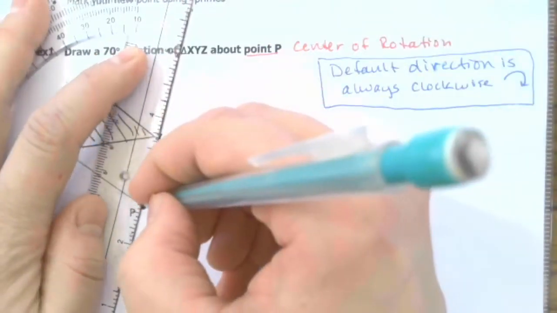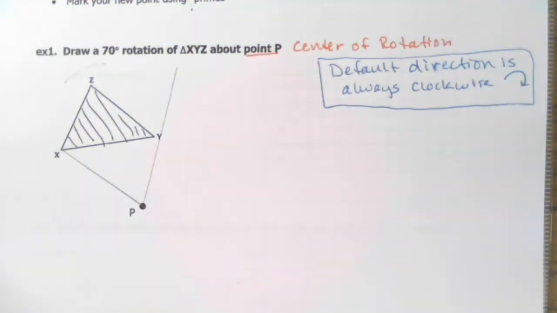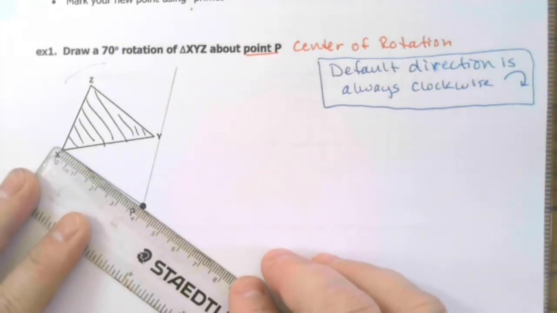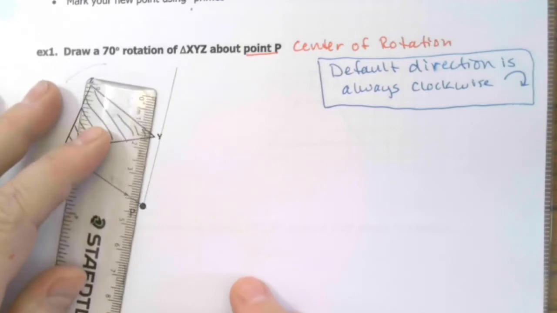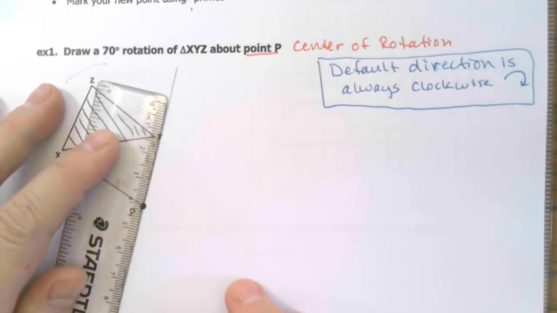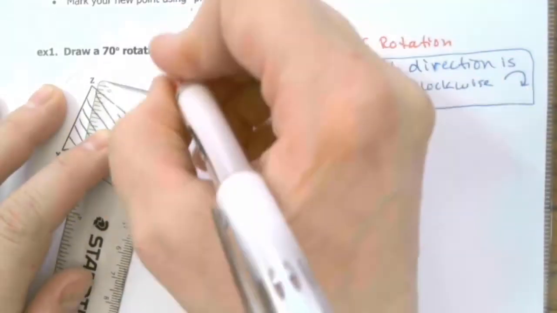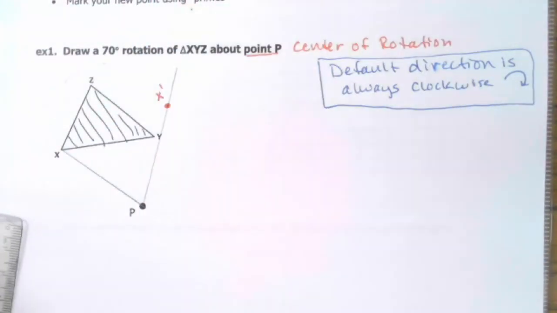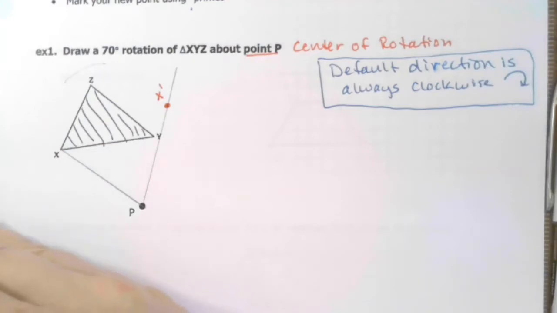Take your straight edge and draw a line. And you don't have to make it huge. It just needs to be long enough that you can measure the X. All right, so now we're going to measure how far is X from the point of rotation. It is 4 centimeters. So we're going to measure 4 centimeters along the line that we just drew. Right there. That is our X prime, our new X. And it's been rotated 70 degrees.